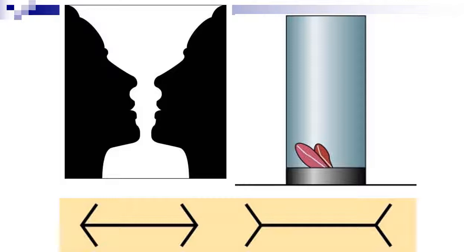At the very bottom, there's two arrows, two lines with hashes on the end. I don't know how you want to describe it, but which of those two lines is longer? Well, turns out, again, they are identical in length. I know the one on the right looks longer, but in reality, they're the same.